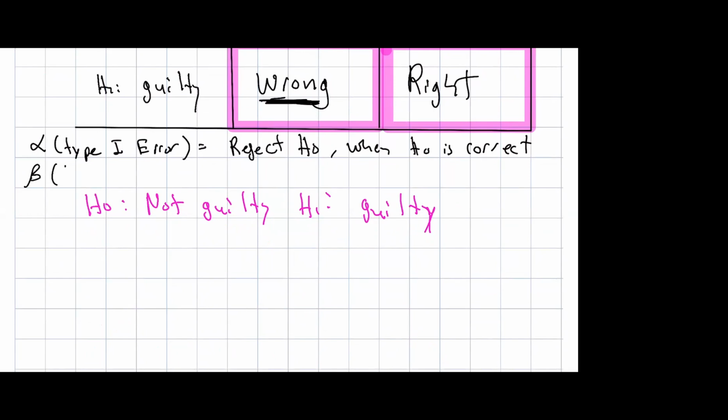Beta, which is a type 2 error, is when you fail to reject H0.